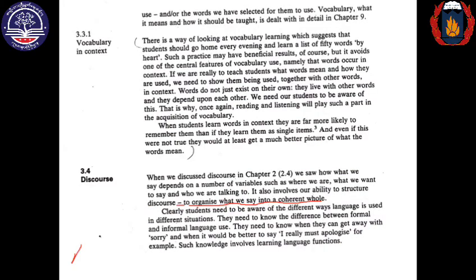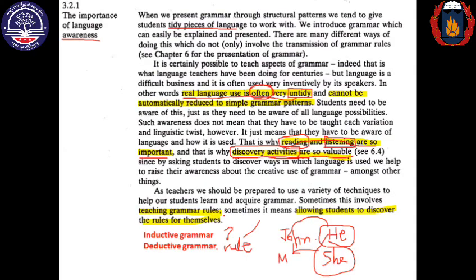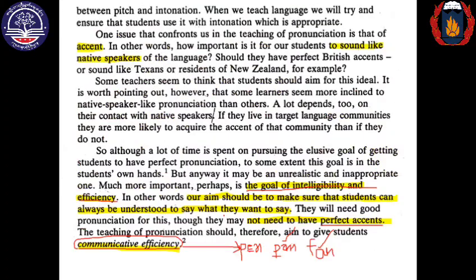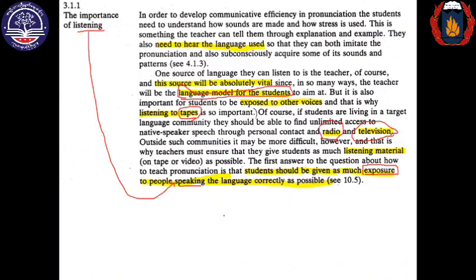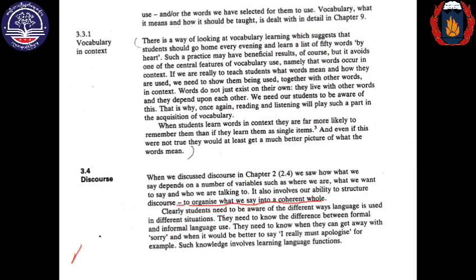Clearly, students need to be aware of the different ways language is used in different situations.